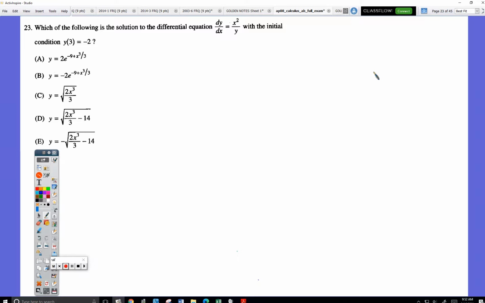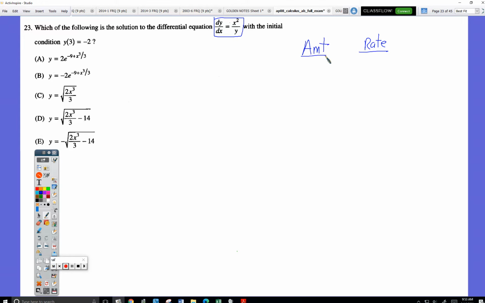Which of the following is a solution to the differential equation? When you see this equation, your brain should be saying, that belongs in the rate column. That's the equation I would use to find the slope or the rate of change of some function. But you should also be thinking that there is a formula that belongs over here in the amount column.